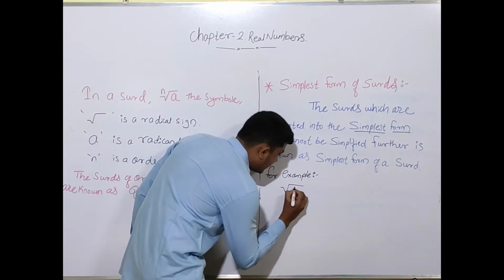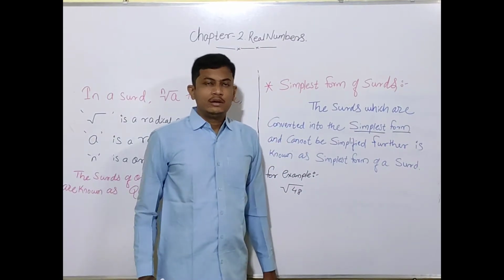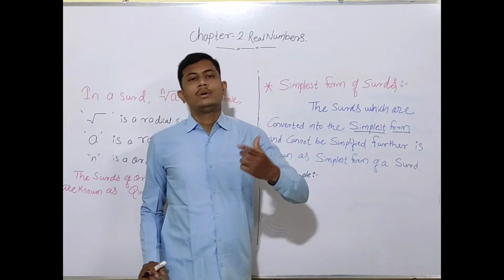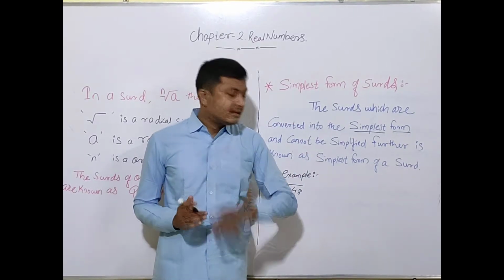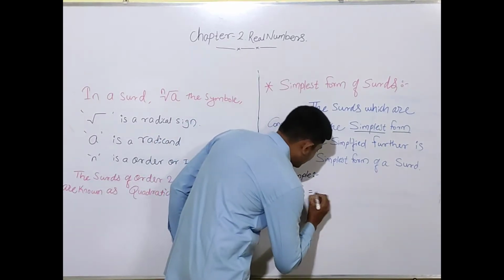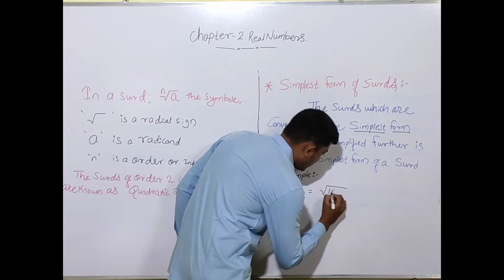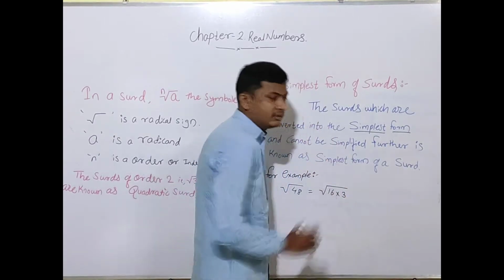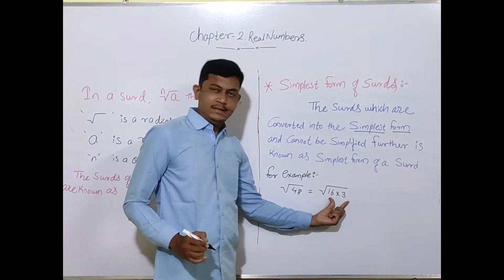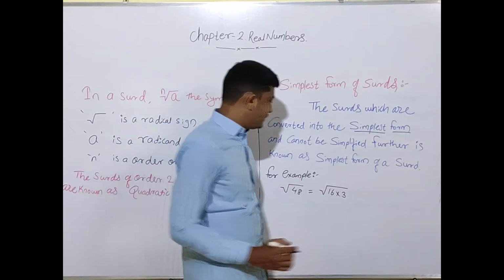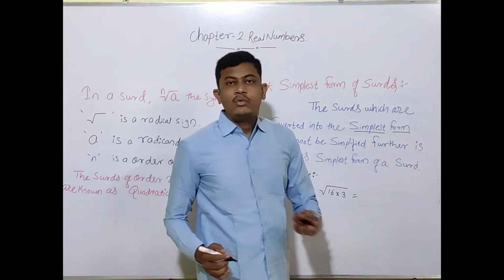If you consider root of 48, now root of 48 can be given as 48 in terms of one square number. So the square number is what? Here 16. So we can write it as 16 into 3. Again, we will apply the law of indices.